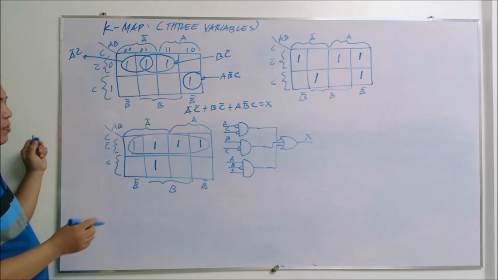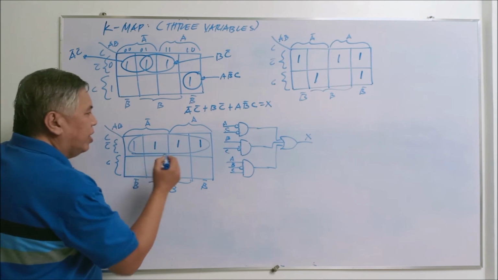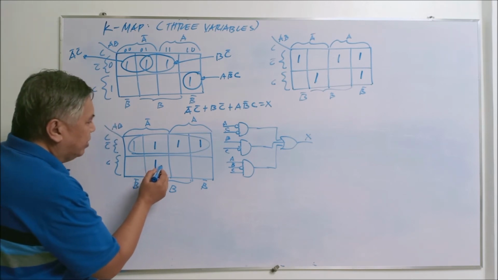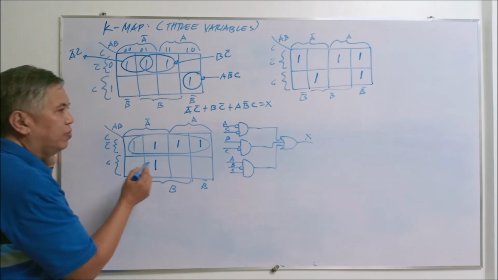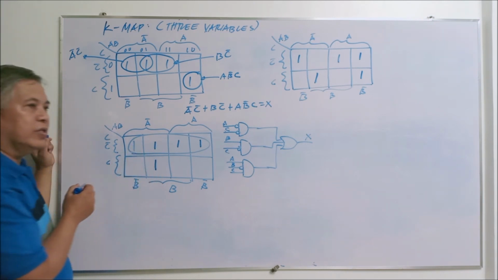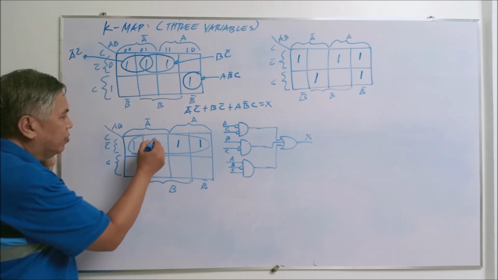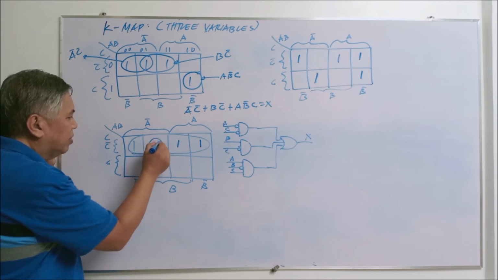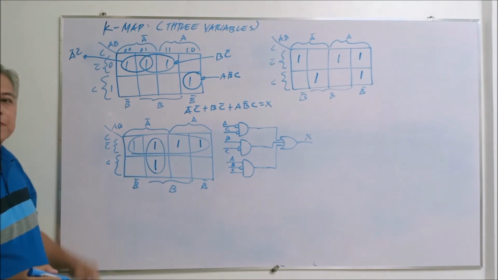And then we have here no more 4 adjacent cells, so we go now to 2 adjacent cells. Now this cell here, the remaining cell which has not been grouped, is adjacent to another cell, this one here. So we make use of this cell here to be grouped into this particular cell to maximize our grouping.